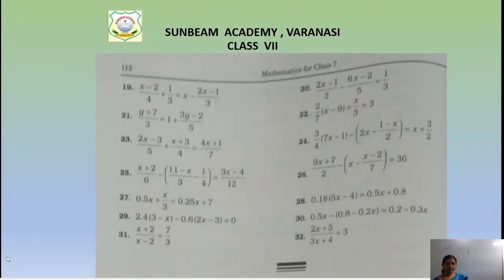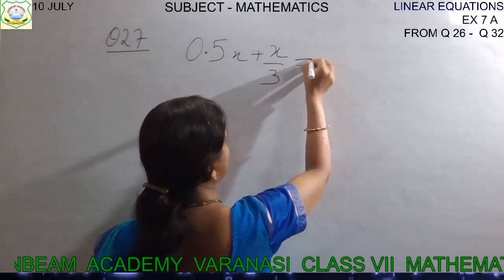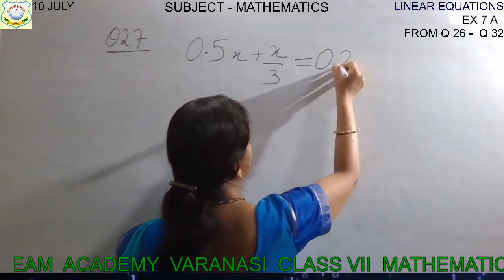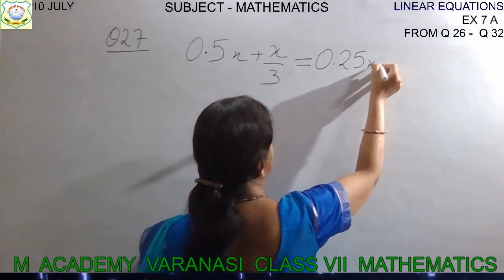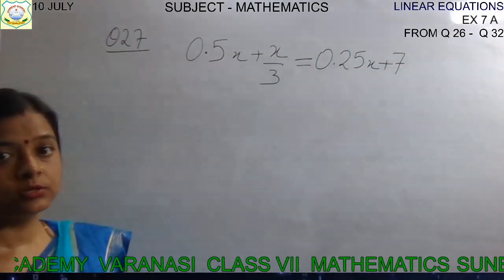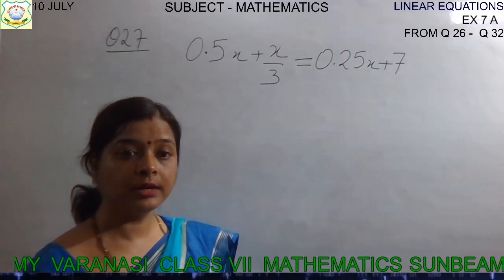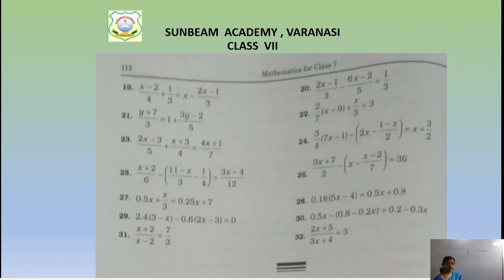Next one is equal to 0.25x plus 7. And after writing, always see your question whether you have written the correct one or not. Okay, always write down and match your question.